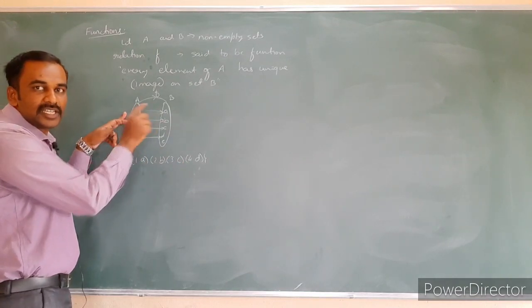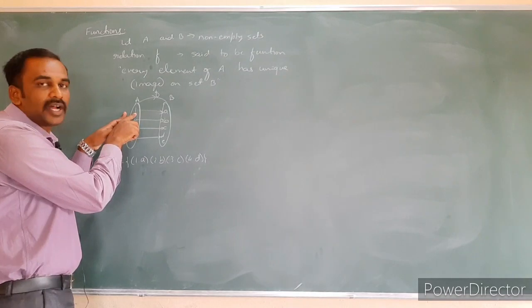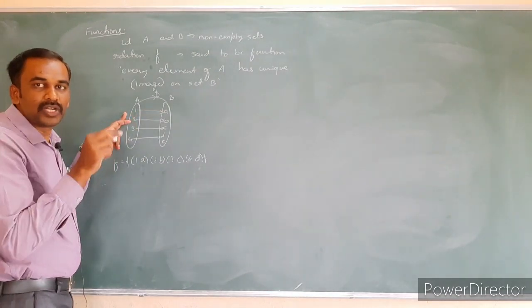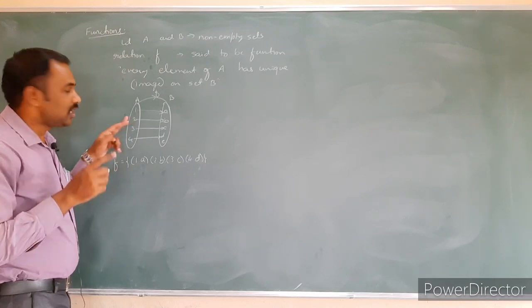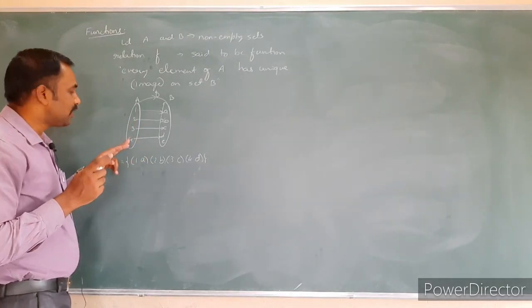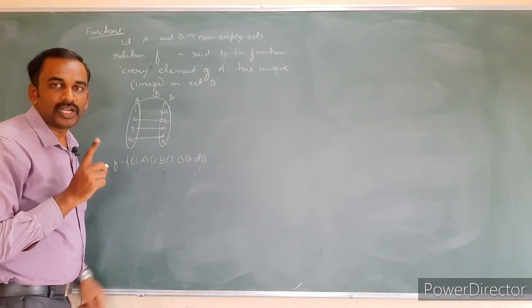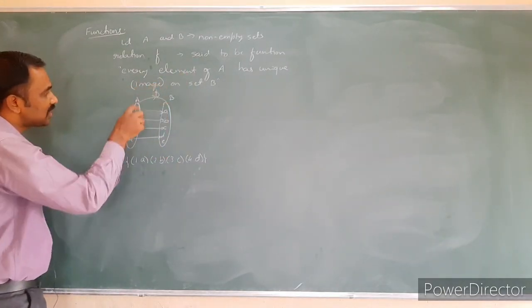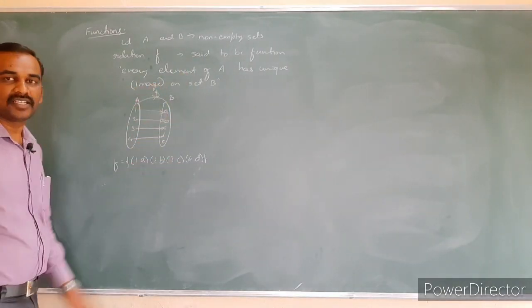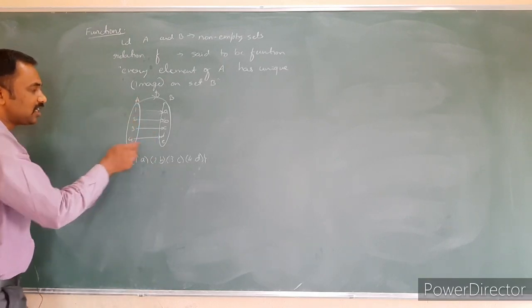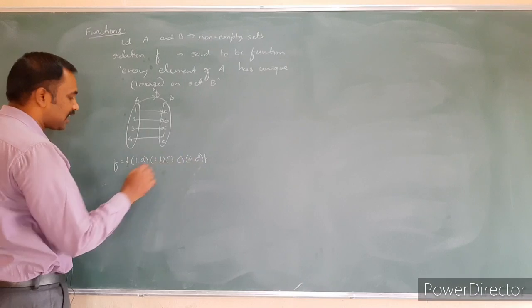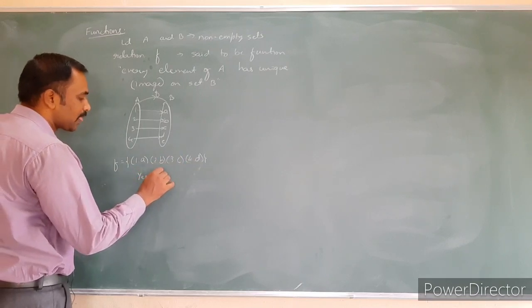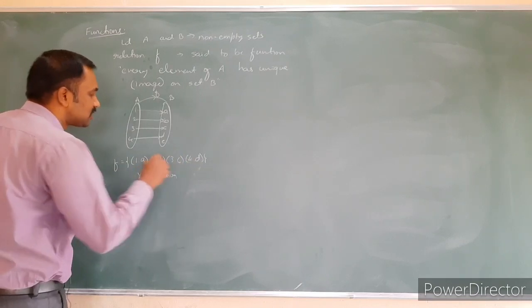Element 2 is related to only one. Element 3 is related to only one element. Element 4 is related to only one element. Every element of the set A is uniquely related to only one element in the set B. Obviously we can say that yes, it is a function.